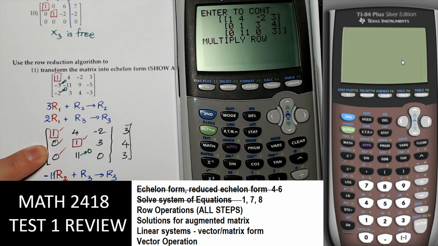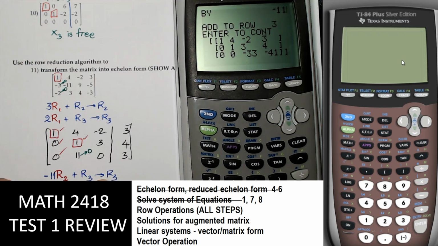Option number 4. I just hit number 4. Right. So multiply row 2 by negative 11. Have to hit enter there. Add to row 3. Right. And that's what we have.